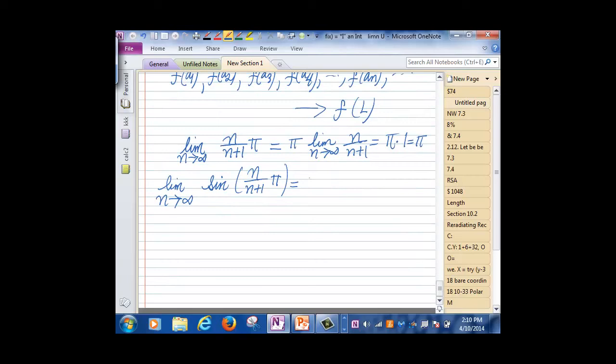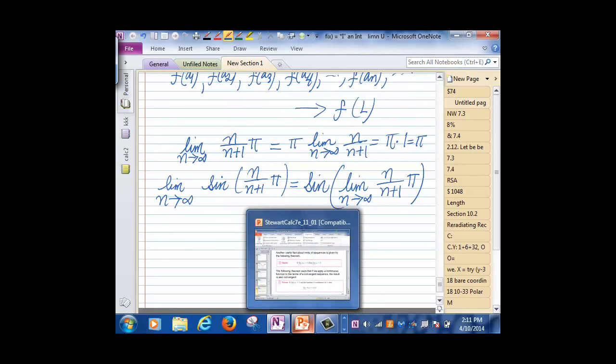Well, by the theorem that we just looked at, it's the same as sine of the limit as n goes to infinity of n over n plus 1 times pi, and this is equal to sine of pi, which is 0. This is what that theorem is telling us. Okay? Is that making sense? Questions? Everybody's okay?